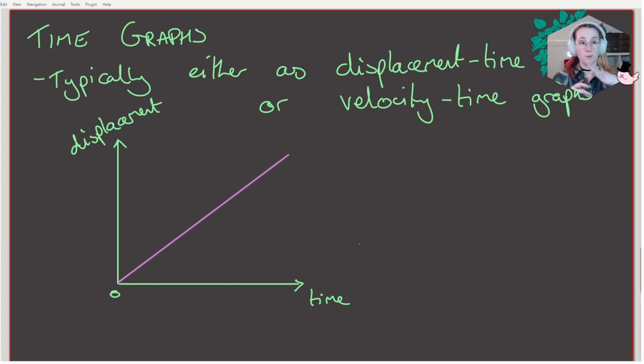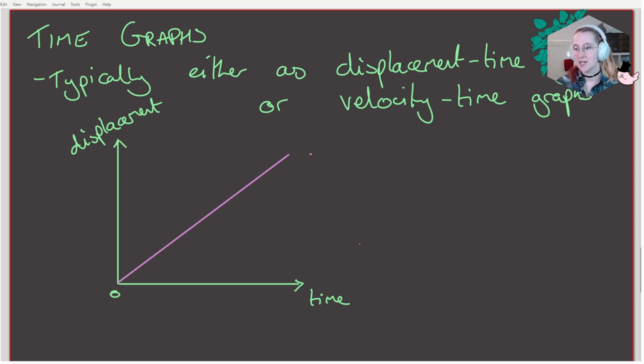Okay. And what's happening here is as time is progressing, I'm getting further away from my start point. And it's that gradient, the elevation of that line, that is constant. It's a straight line.